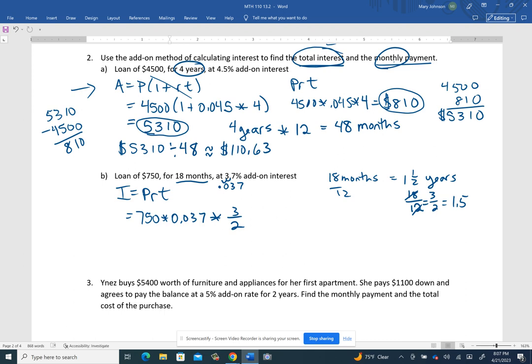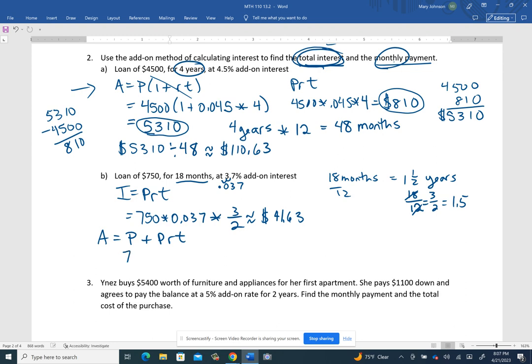All right, so if I did that, my interest would be about, if I rounded to the nearest hundredth, $41.63. So I could find that first, since they asked me for it. Then I could take my original principal. I could think about the amount then being the principal plus the interest.